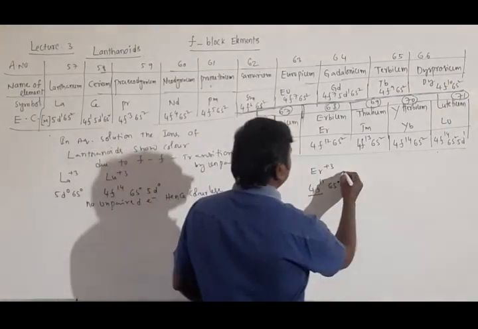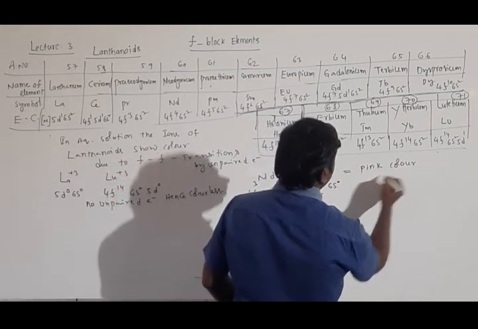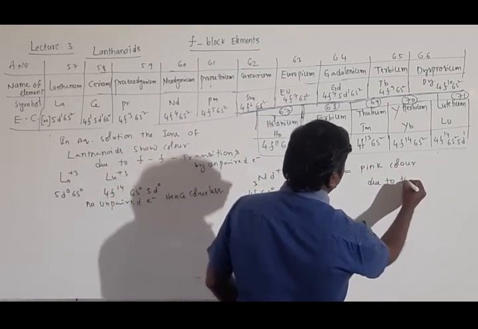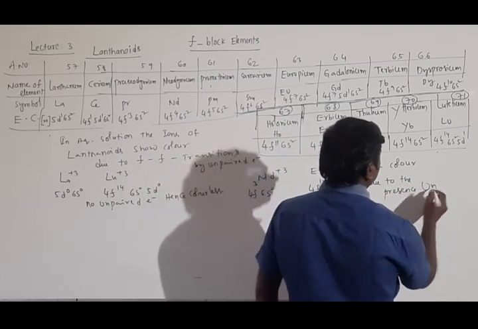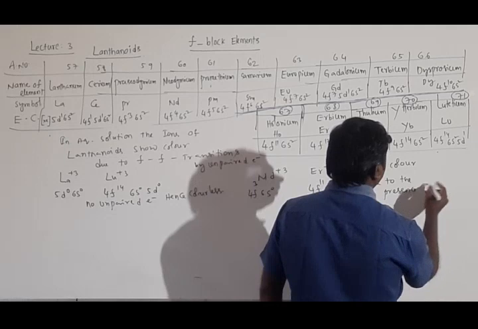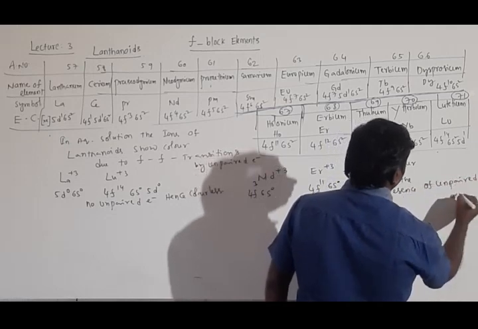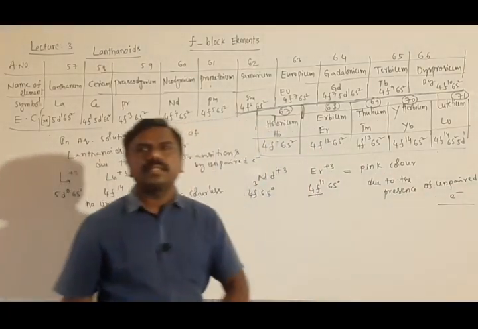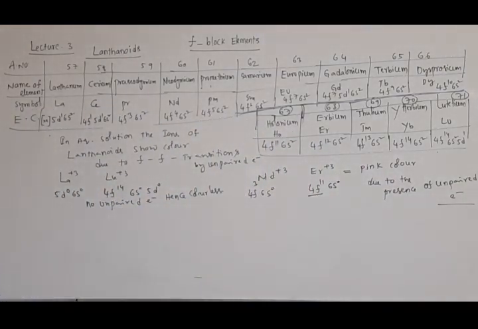These are pink colored compounds. Pink color due to the presence of unpaired electrons. Hence these are colored. Like that many are there, students. After that, paramagnetism.